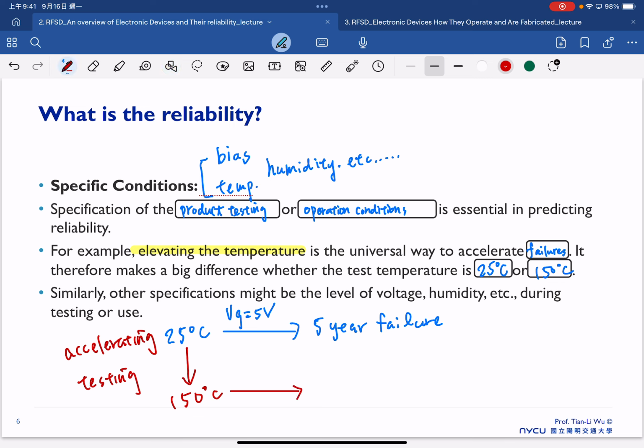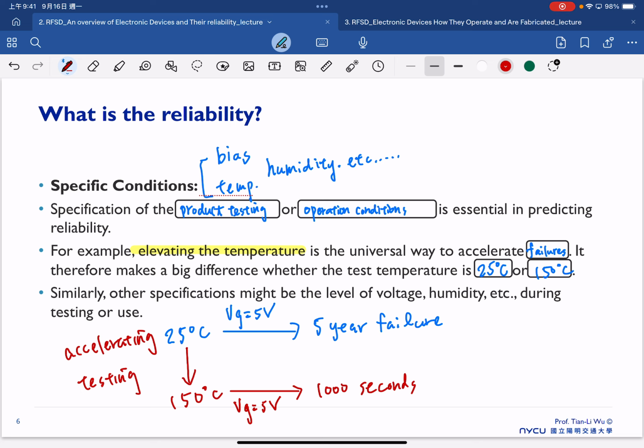So still the same, we will stress at VG of 5 volts here, but because this is a high temperature test, although it's with the same bias condition, our device might start to fail earlier. For example, probably we can already see the device have failures within 1000 seconds here.